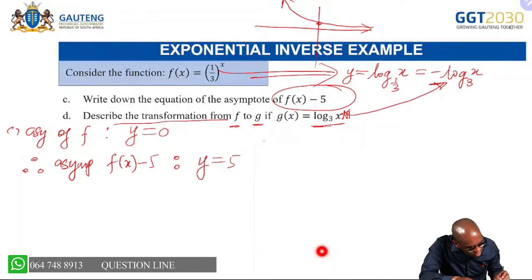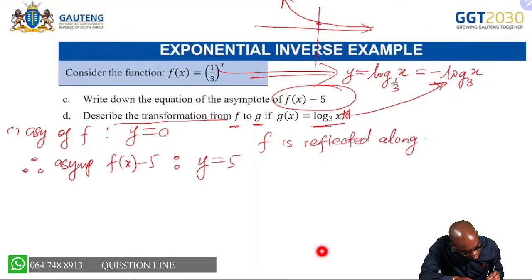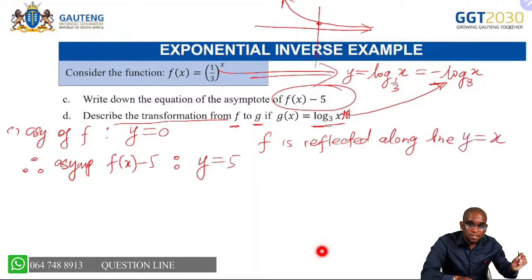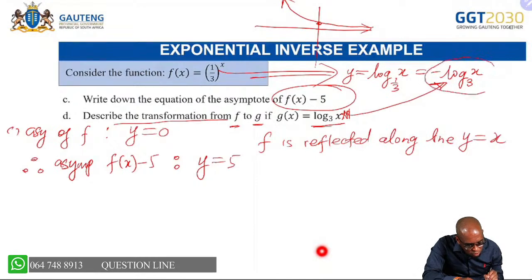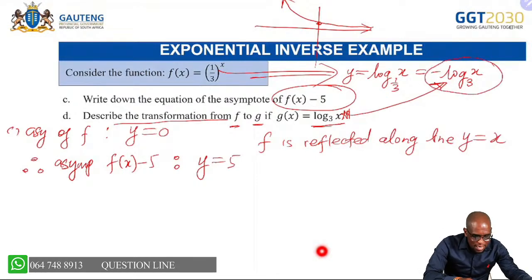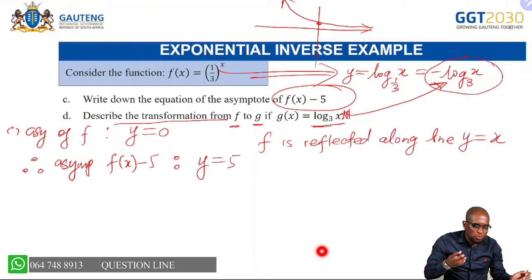So first things first, f is reflected along the line y equals x. That's what we did. And when we reflected along the line y equals x, what did we get? We got minus the log to the base 3 of x. That's what we got when we reflected it along the line y equals x.